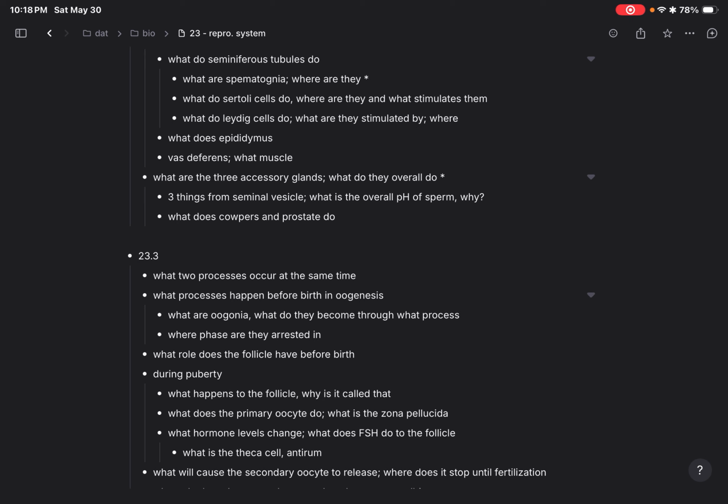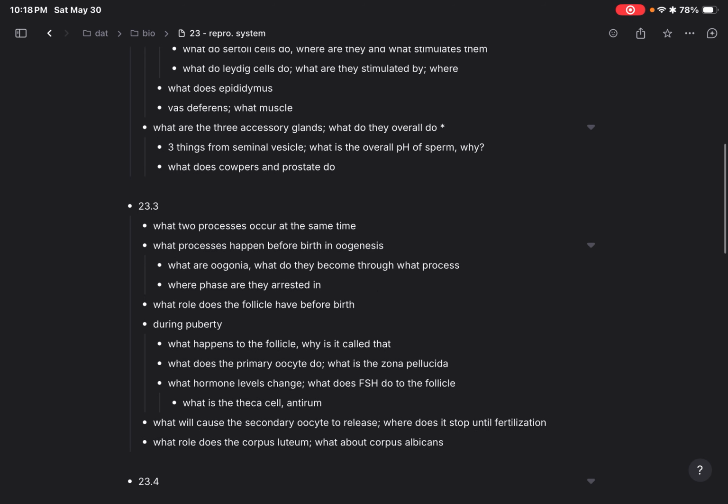So the urethra and uterus are two different things. That's what I get confused about. Okay, so there's the seminal vesicle, Cowper's gland, and prostate gland. The seminal vesicle releases fructose, mucus, and prostaglandins.